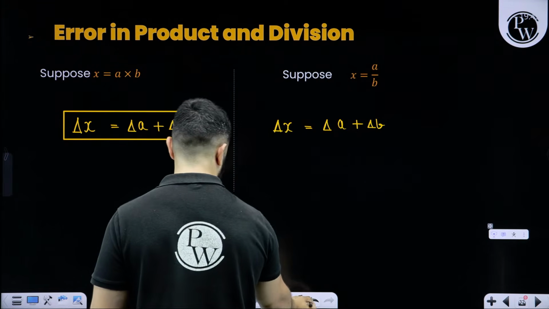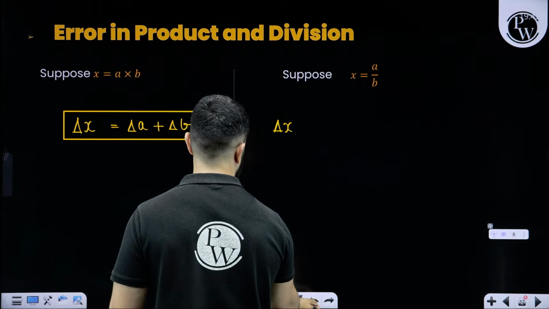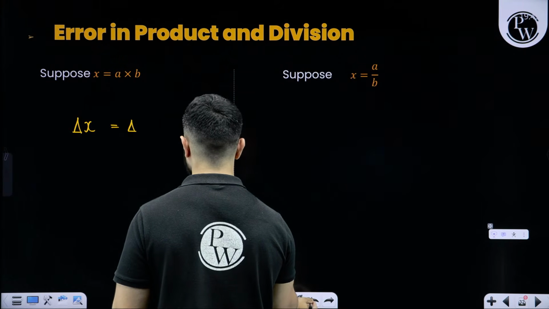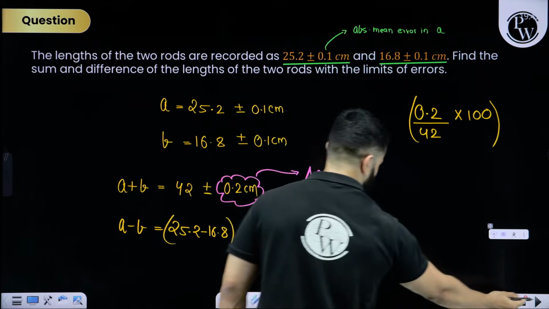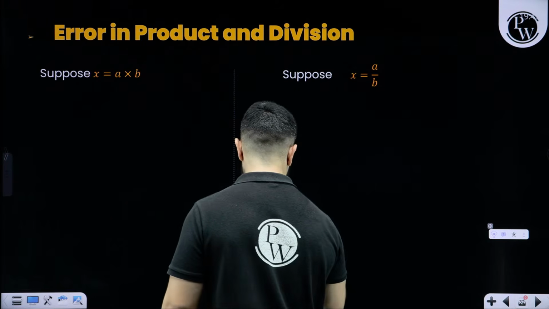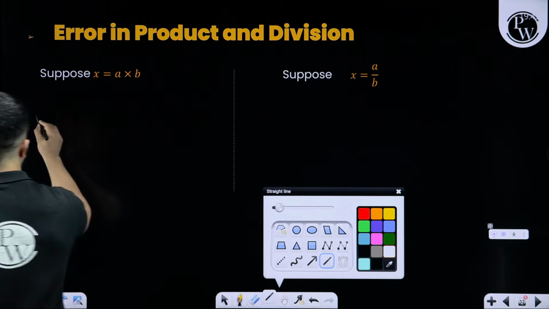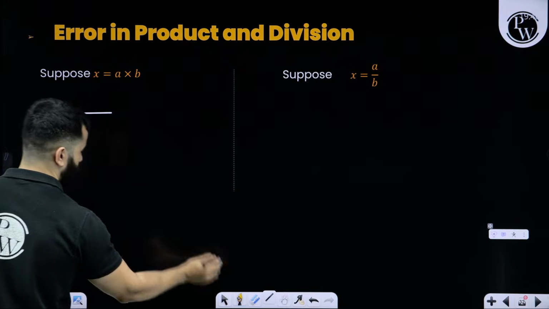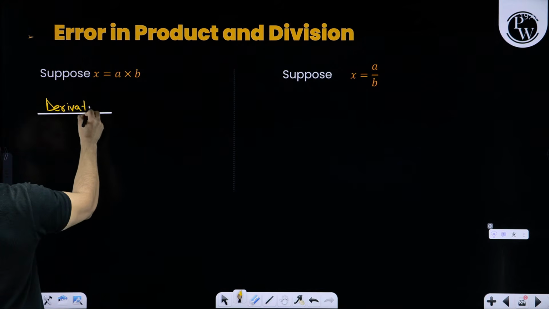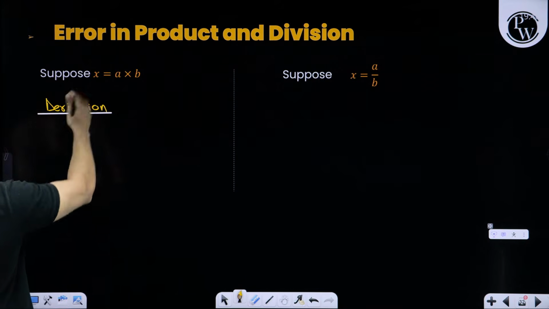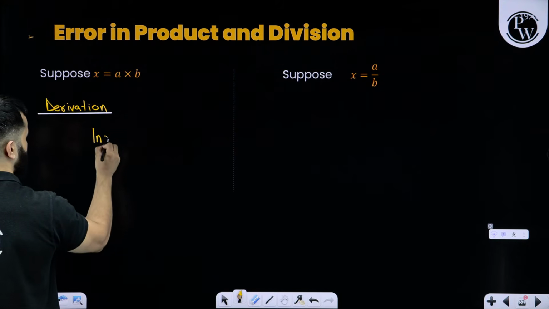Here we have got one difference. Just a second. Let me explain the method itself. See, actually the derivation is something like this. All the students who have attended this in my batch know what we actually do: we take the natural log on both sides.